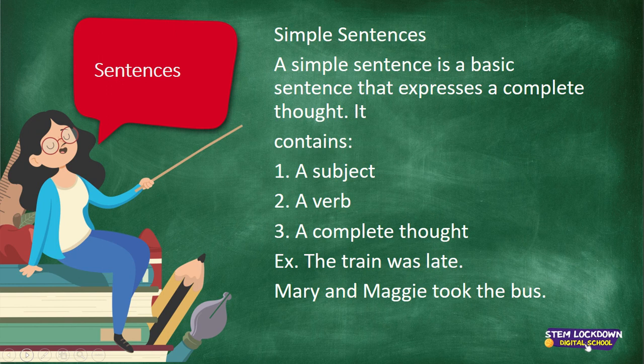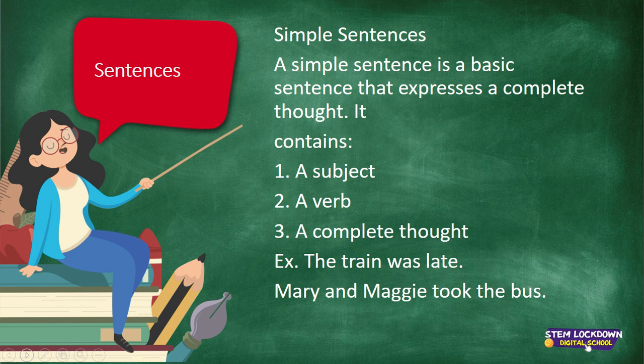A simple sentence is a basic sentence that expresses a complete thought. It contains a subject and it contains a verb. A subject, that is the who in the sentence, and sometimes the what. And a verb is the doing word. It's the action word. Okay, so here are two examples of a simple sentence.